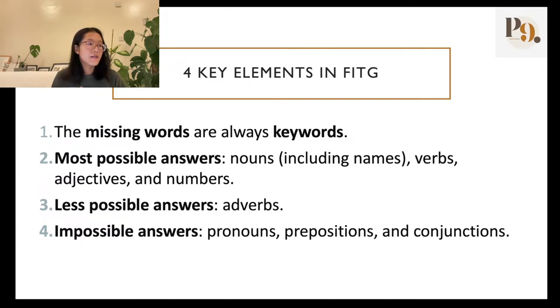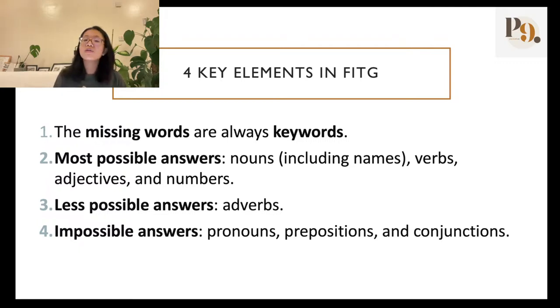Somebody previously was talking about synonyms, and I need to remind you of the synonym trap. In IELTS reading, it is very, very common that the keywords in the text are replaced by synonyms in the questions.